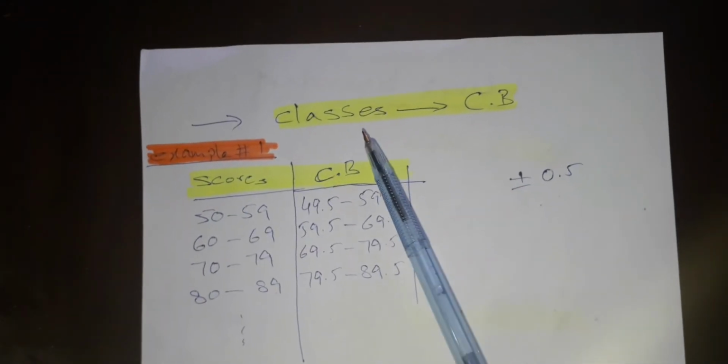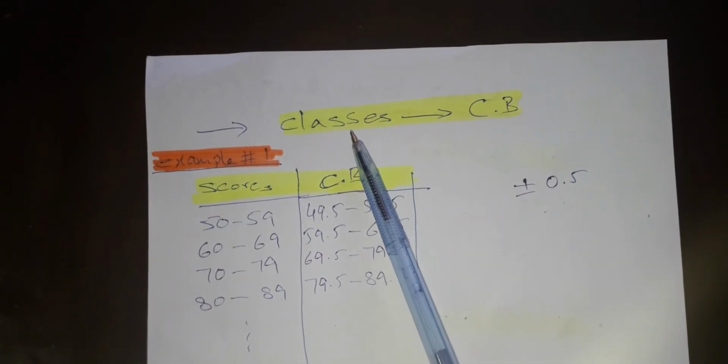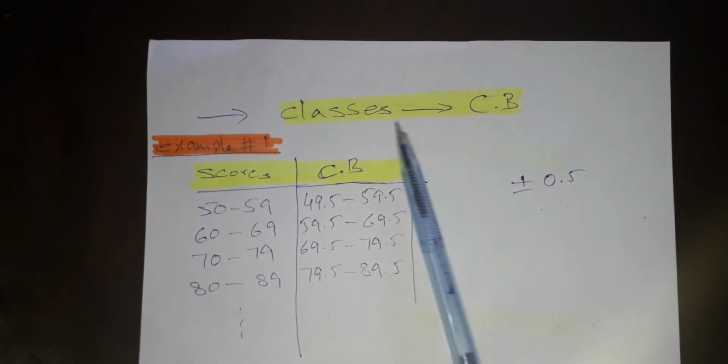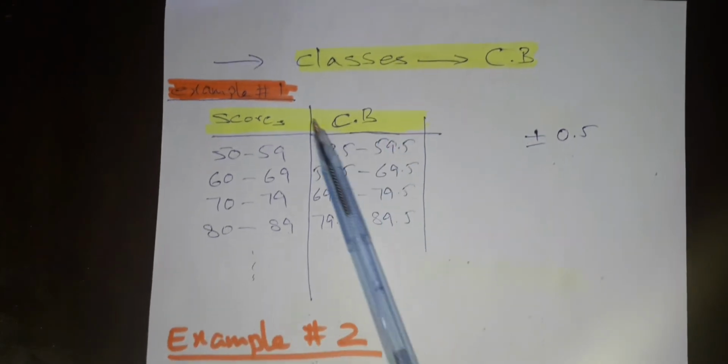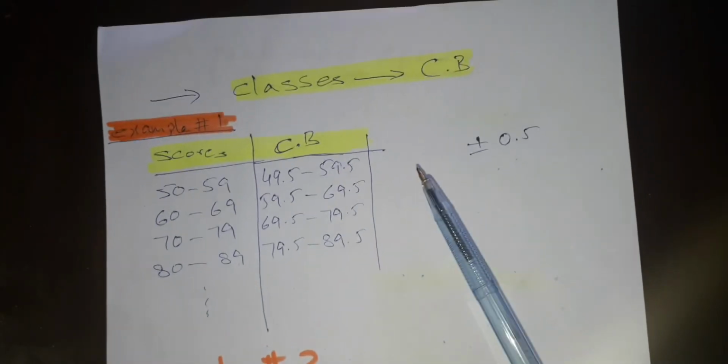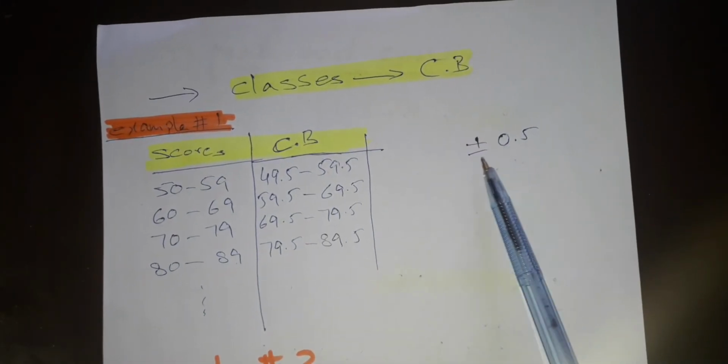Now I'm going to teach the method by which we move from classes to class boundary. For this method, I will give you three examples: example number 1, example number 2, and example number 3. What is this formula?